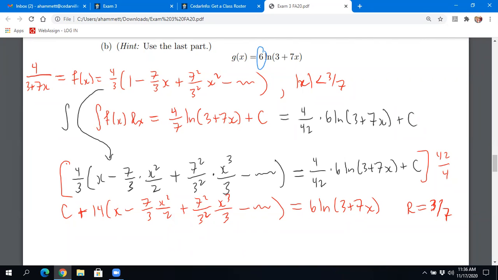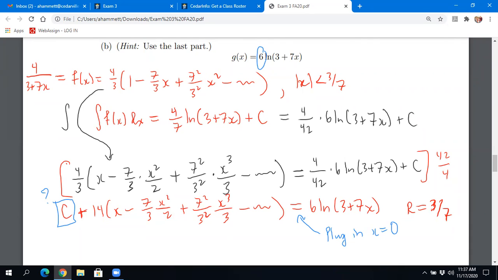How do I figure out what this constant is right here? What would I do to sort out what that constant is? What do I do to figure that out? Plug in x equal to 0. Do you know what I'm saying? Yeah? If I plug in x equal to 0, it's going to kill all the x stuff on the left.